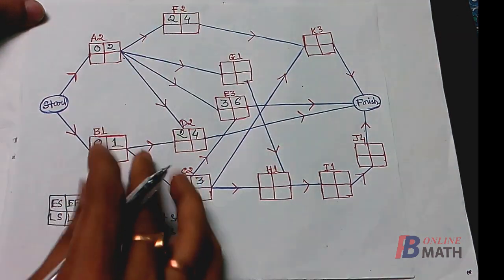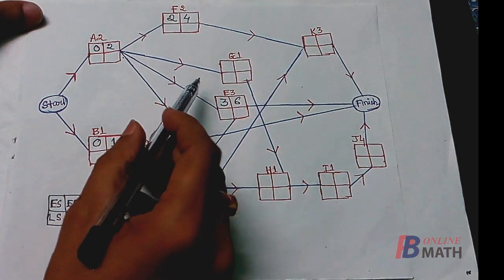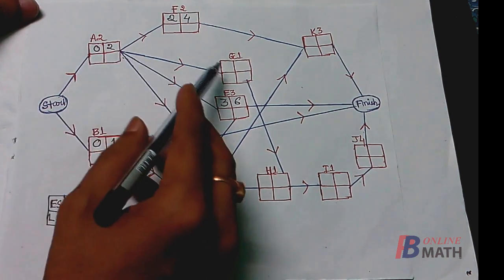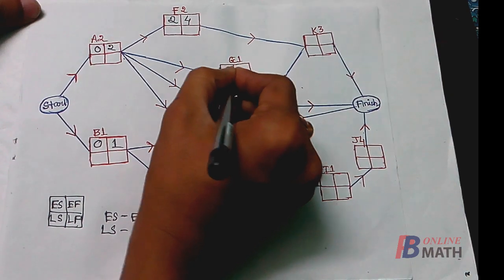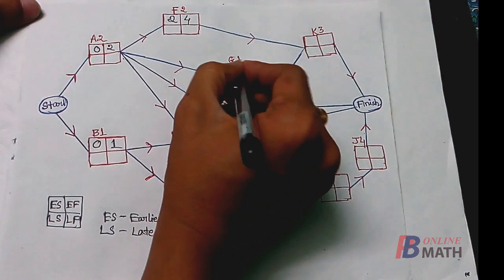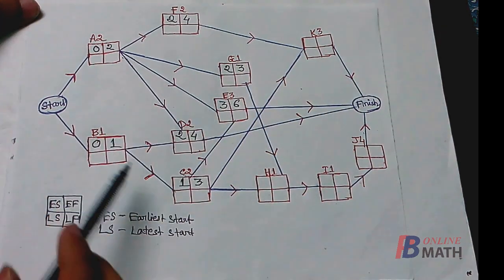This is the earliest finish time of the activity F. Next, consider the activity G. Again, it has only one immediate predecessor, that is A. So the activity G can be started as early as after 2 weeks. And it requires 1 week. So 2 plus 1 is 3. 3 is the earliest finish time of the activity G.